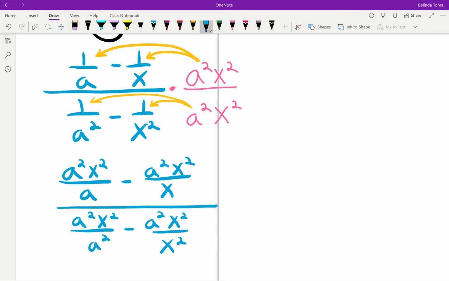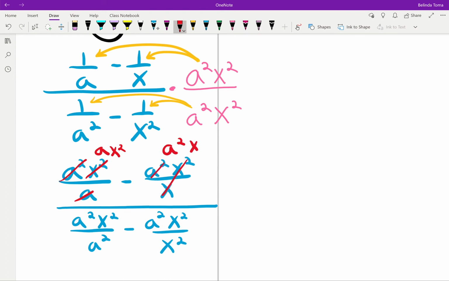Now I'll do all of my canceling. Here, the a squared over a becomes just an a. So I'm going to just rewrite this as ax squared. And here, the x squared over x becomes x, so I'm going to have a squared x.